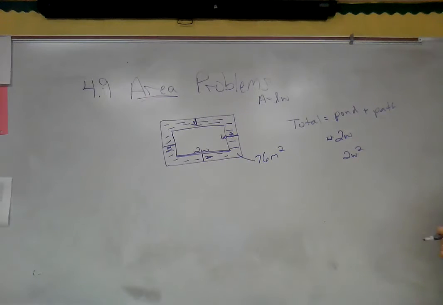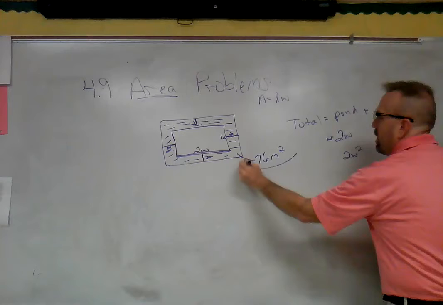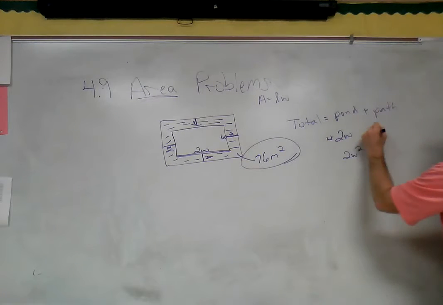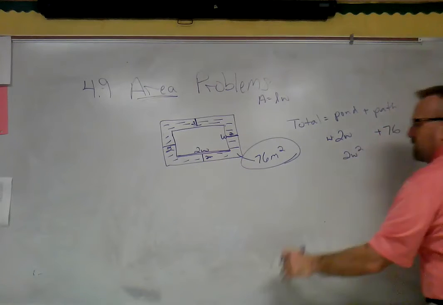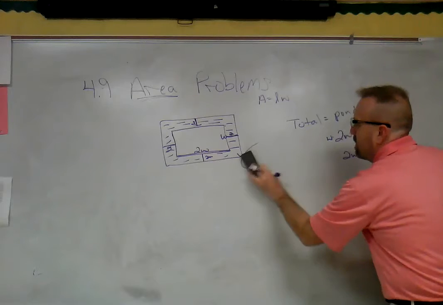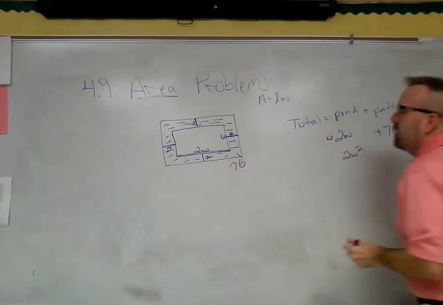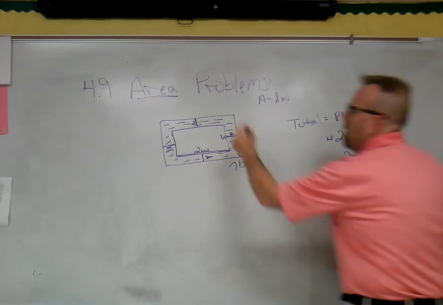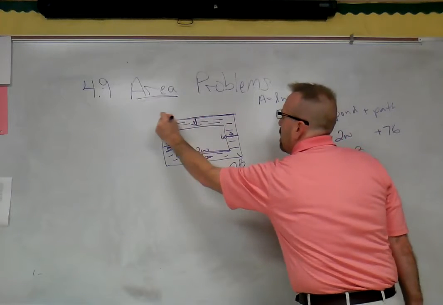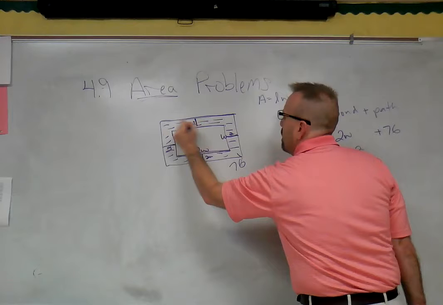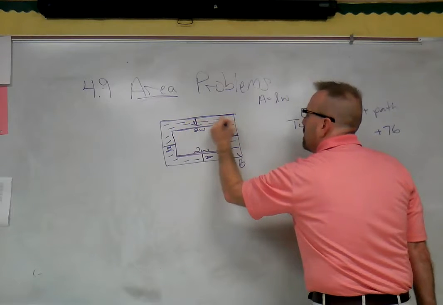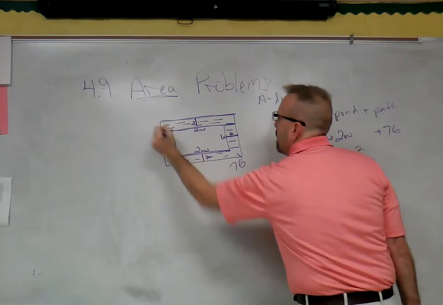Okay. How much is the path? What's the area of the path? 76. Now I didn't leave room here, I've got to move this part. So now let's talk, what is this distance here? We know this much is 2W plus how much here and here? 4.